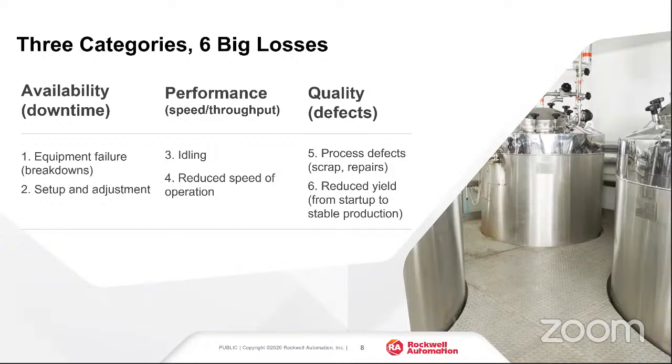The product is not meeting spec, or reduced quality or reduced yield because of ramp-up time or downtime. These are the six big losses that you typically see in production, and they are arranged in downtime, performance, and quality silos.